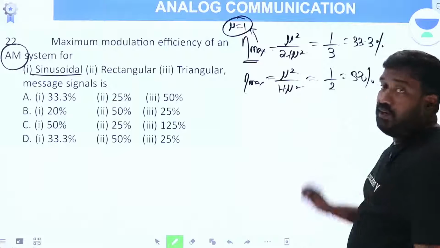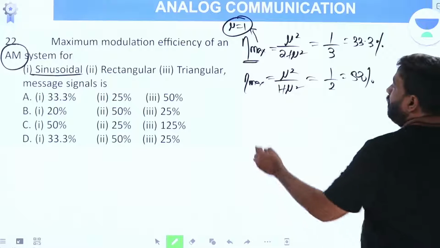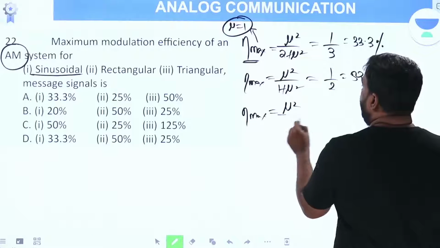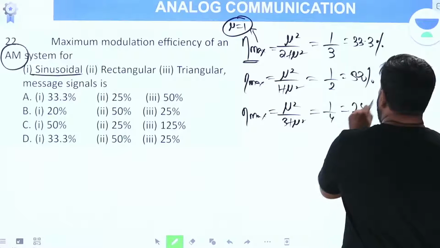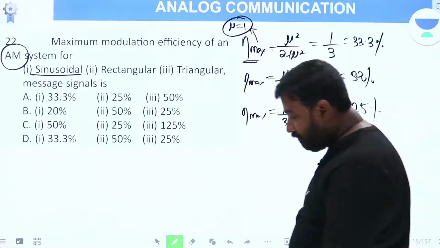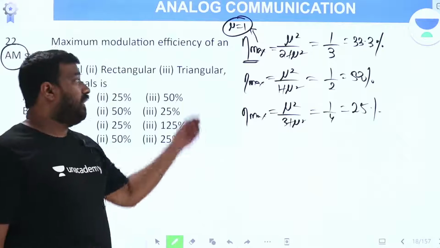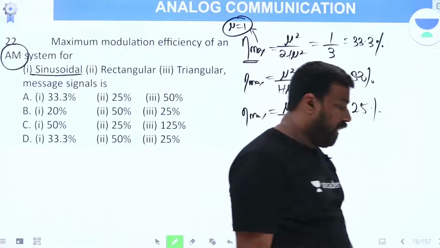Next is triangular input. See the order of the inputs also. That's very, very important. Triangular input, mu square by 3 plus mu square, 1 by 4, 25%. Therefore, the answer is 33.3%, 50% and 25%.